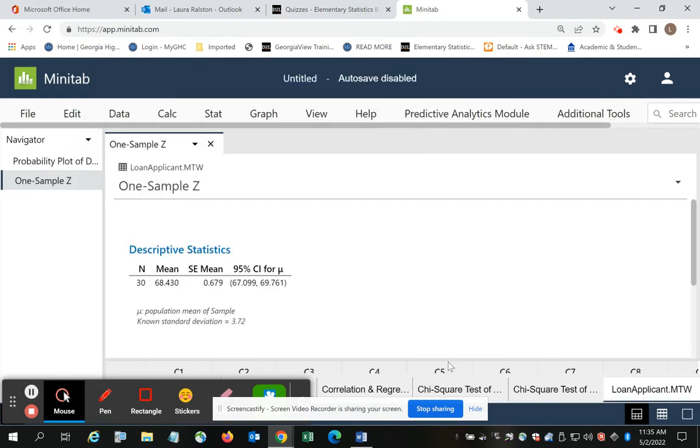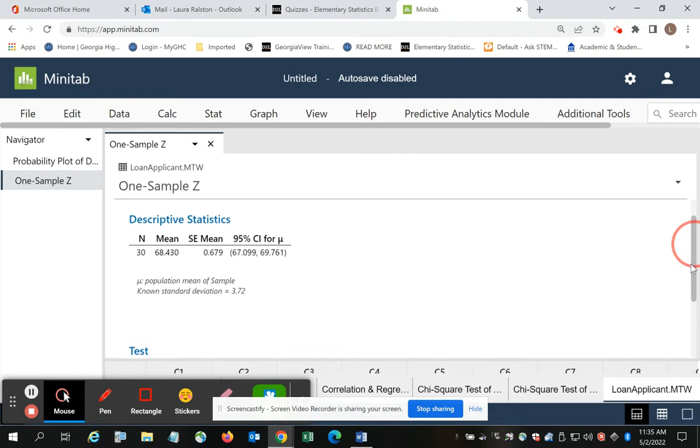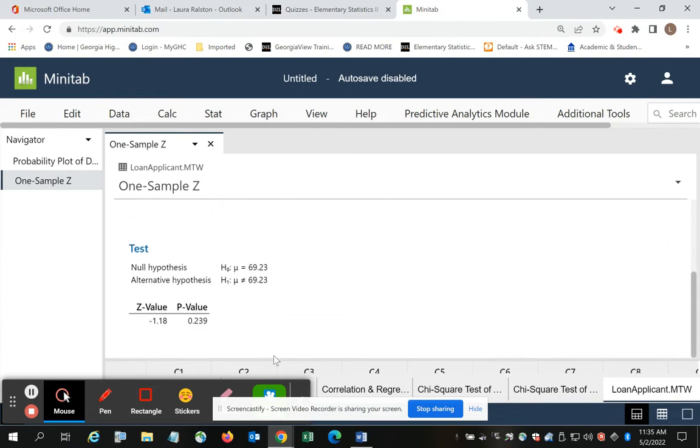I click OK again, and under the header test, it gives me my z value. My z value here is negative 1.18, and the corresponding p-value is 0.239. So I'm going to copy those answers over to my paper.